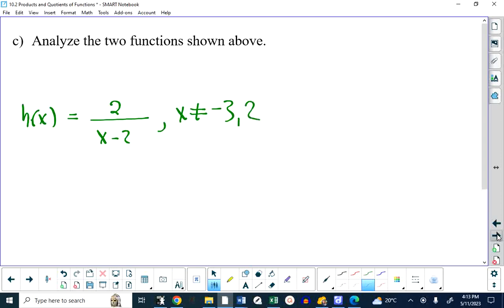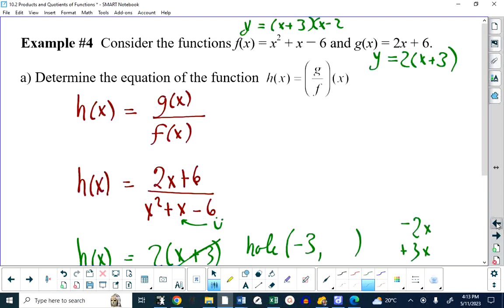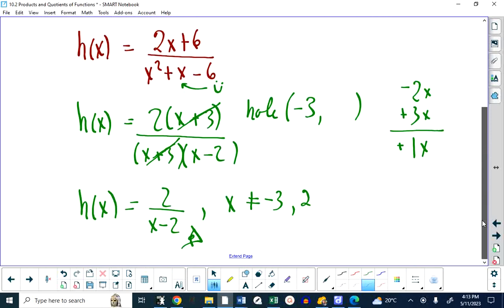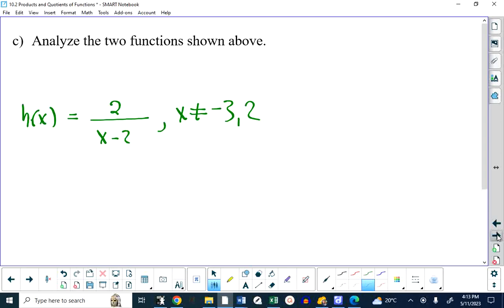I better just double check because I don't have your faces to look at to confirm this. H of x is 2 over x minus 2 with the two non-permissible values, whereas k of x was x minus 2 over 2 with the one non-permissible value.